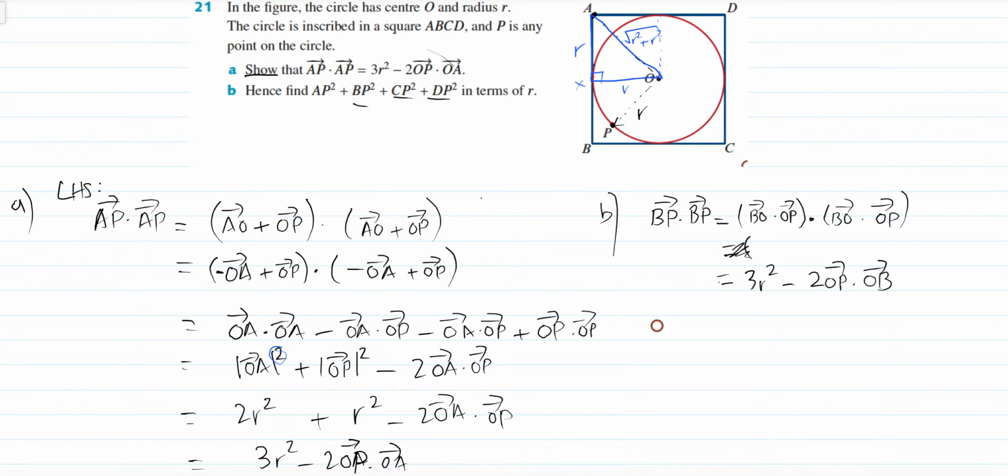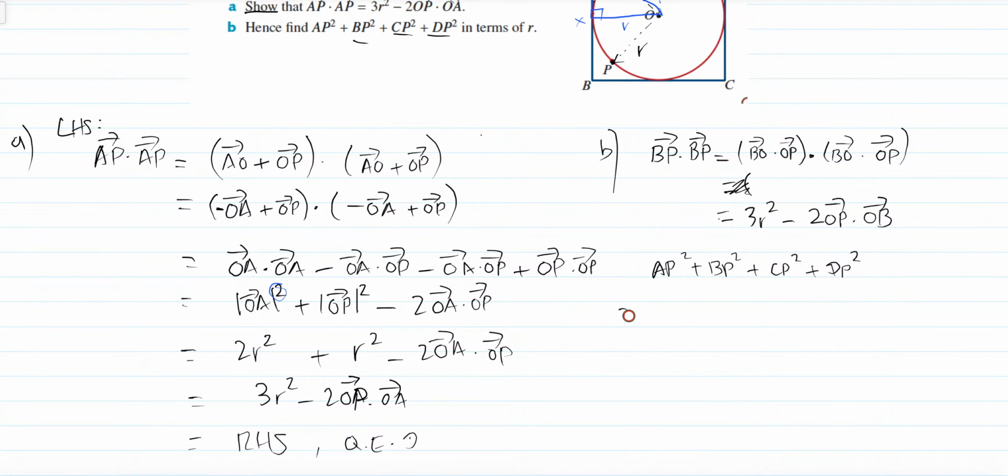And what you end up with, I'll just write it quickly: AP squared plus BP squared plus CP squared plus DP squared is 3R squared right here, minus 2OP dot OA, and that's AP squared.